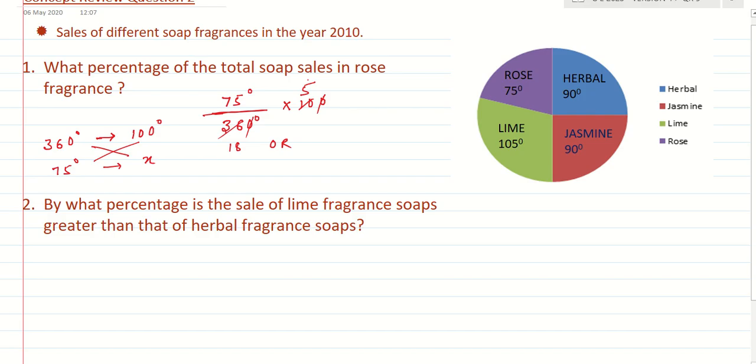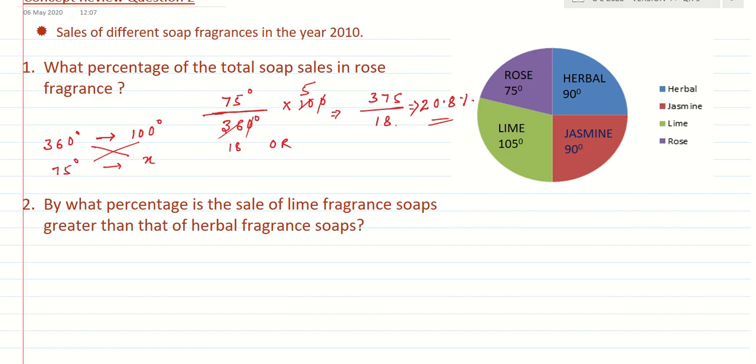So approx answer, 75 multiplied by 5 gives 375. And divide by 18. Correct, you're right. If you divide by 18, you get around 20.8%. Correct, no?